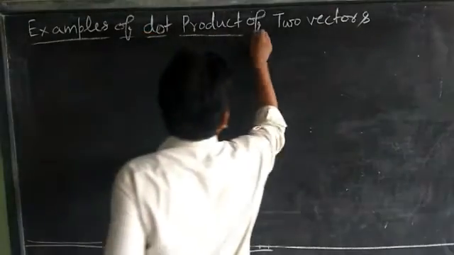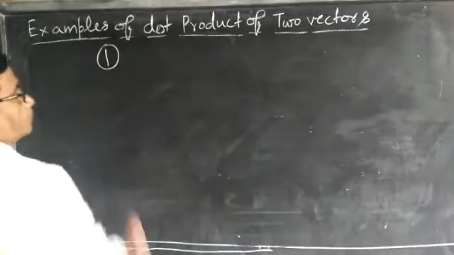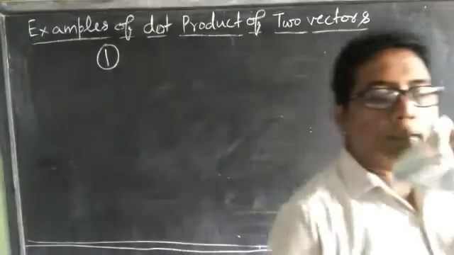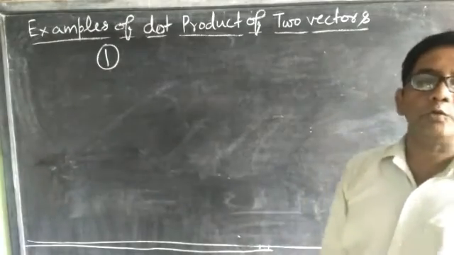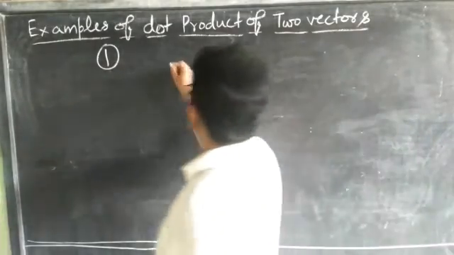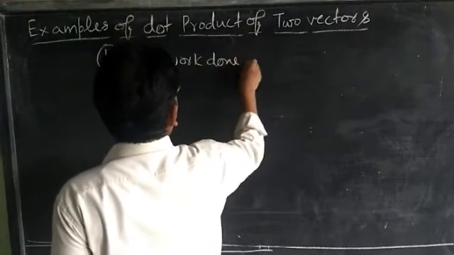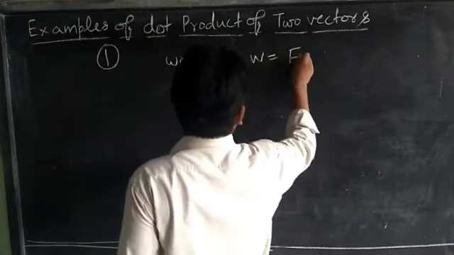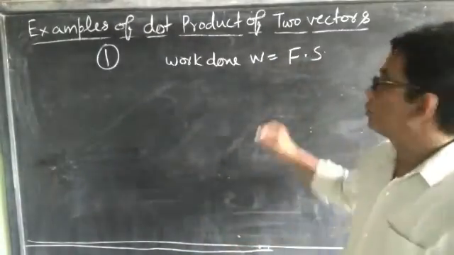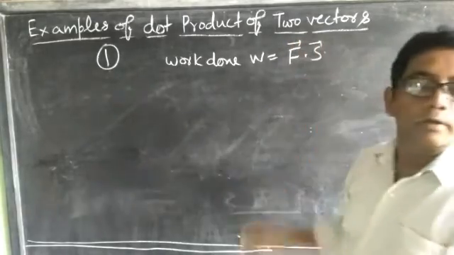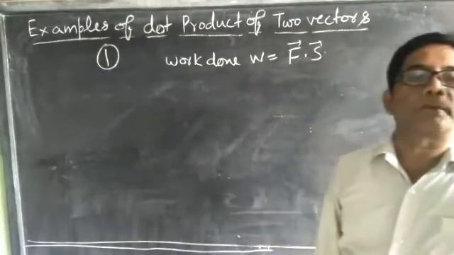Let us discuss the first example. Work done W is equal to force into displacement. Work done W is equal to the force vector dot the displacement vector, where F is the force vector and S is the displacement vector.